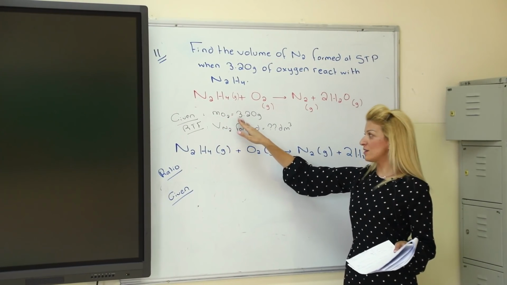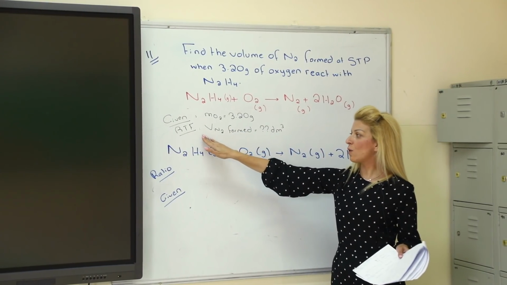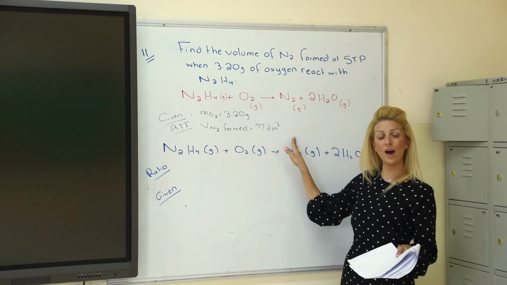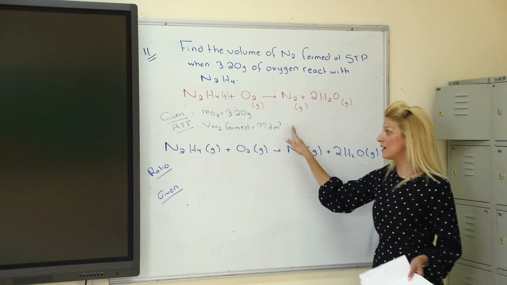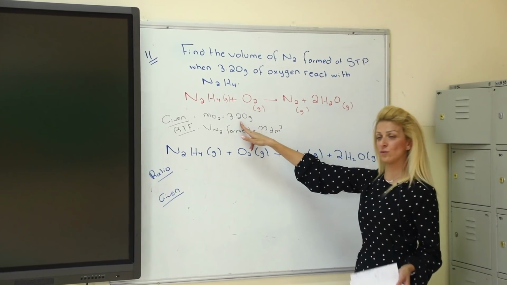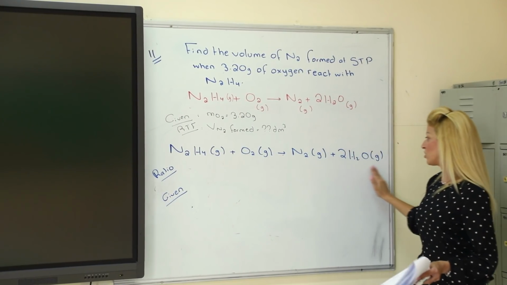Given mass of oxygen is given to be 3.20 grams. Required to find is the volume of N2 that's formed. So how many decimeter cubed of N2 will be formed when 3.20 grams of oxygen reacts? So the balanced equation is given below.